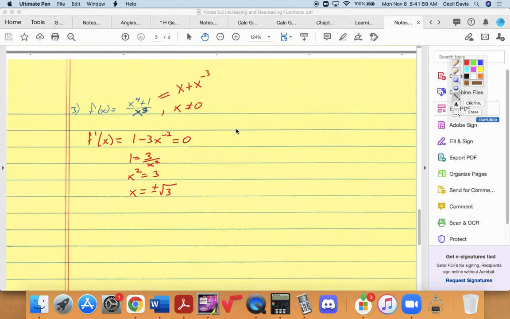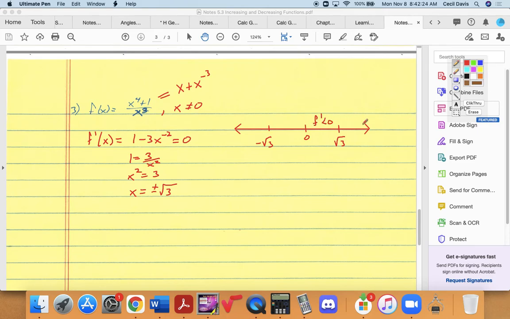So for my number line, positive or negative square root of 3, and 0. Pick a number. I'm going to use 1. Substitute it into the derivative.